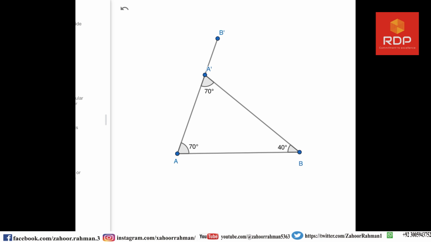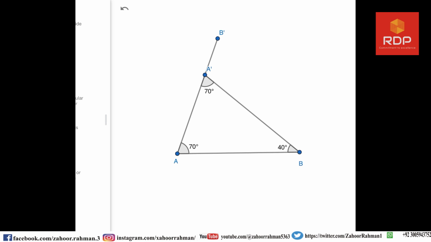So ladies and gentlemen, you can see that two angles are of the same size, and they are called the base angle, and the triangle whose two sides are equal is called isosceles triangle. They are isosceles triangle in this case.